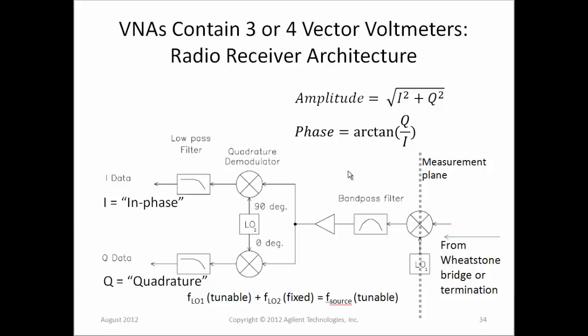But whichever way you do it, you're getting both an amplitude and phase from these I and Q branches. And a VNA will contain 3 or 4 of these vector voltmeters, depending on how you calibrate the system, and they'll be used to measure the A and B waves for the various ports.